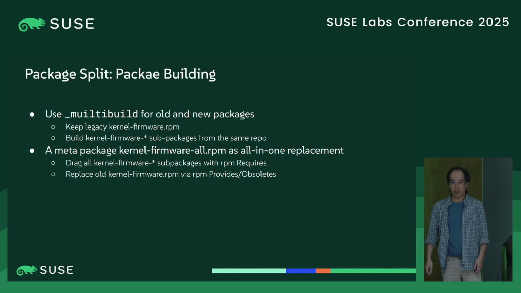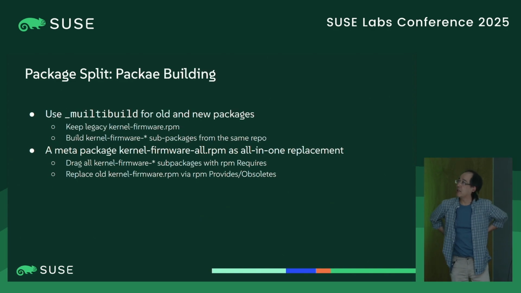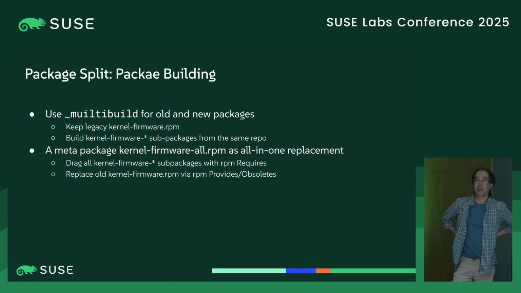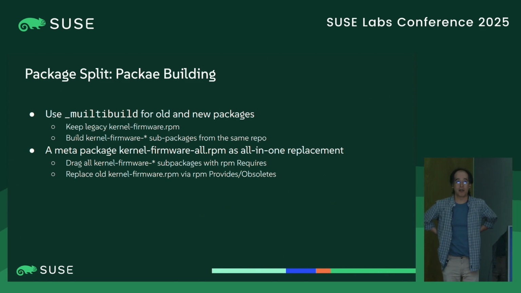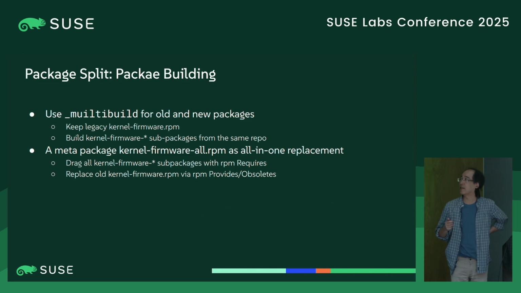And in the package building at the time, 2019, we used multibuild for keeping the old legacy kernel-firmware RPM, also the split compressed kernel-firmware subpackages. Because some old packages or old images still expected uncompressed firmware files, we provided the legacy kernel-firmware RPM.